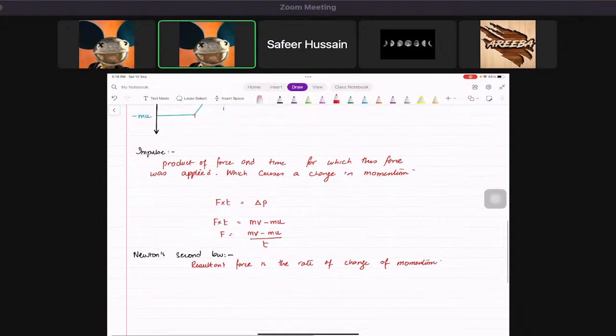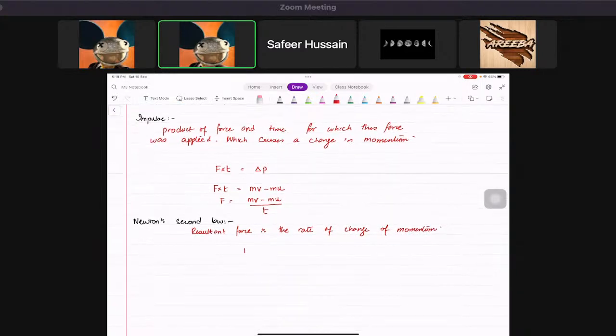So this resultant force is the change in momentum over time, and the expanded version we just saw was mv minus mu over t. And then if I take mass common, it will be m times v minus u over t. Can somebody please tell me what is this v minus u over t? Have you ever seen it before?